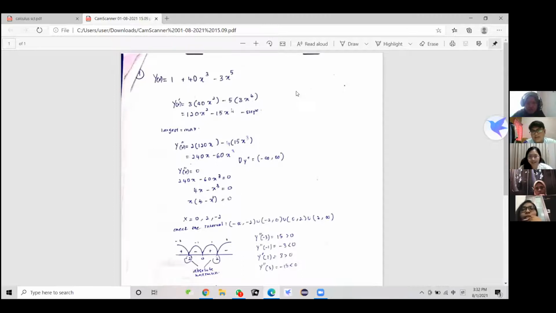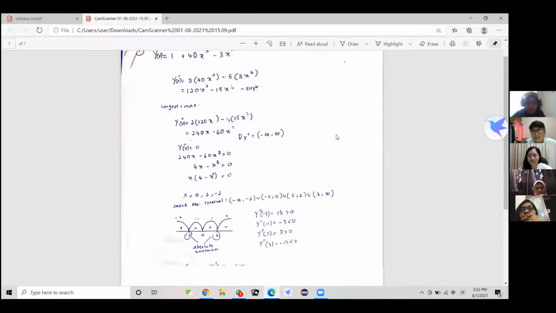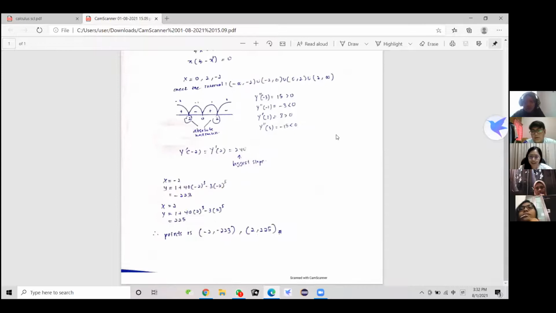After that we get the points in coordinate form: (-2, -223) and (2, 225). That's the answer we got.